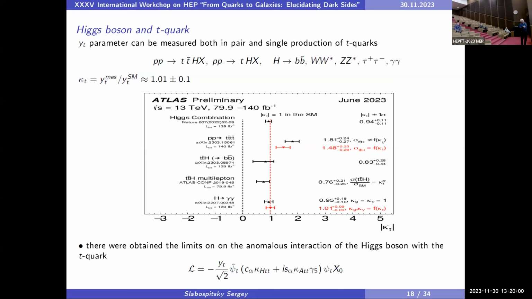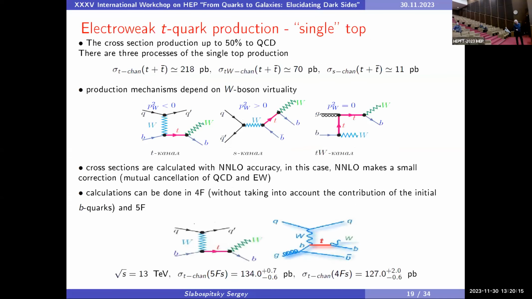Here you can see maybe the latest ATLAS results concerning the ratio of the measured quantity to the standard model prediction. As you can see, we have a very good agreement with the standard model expectation.